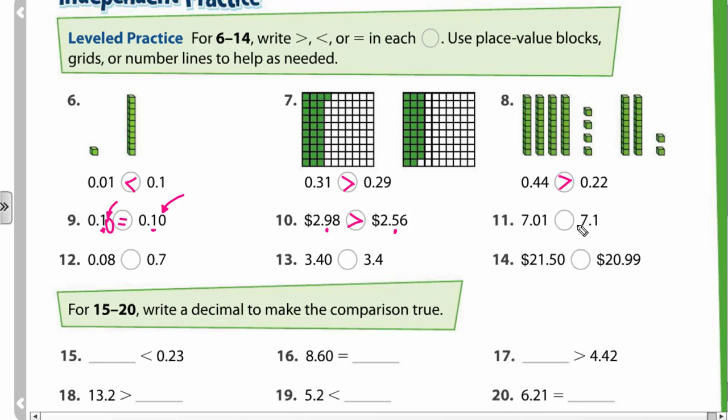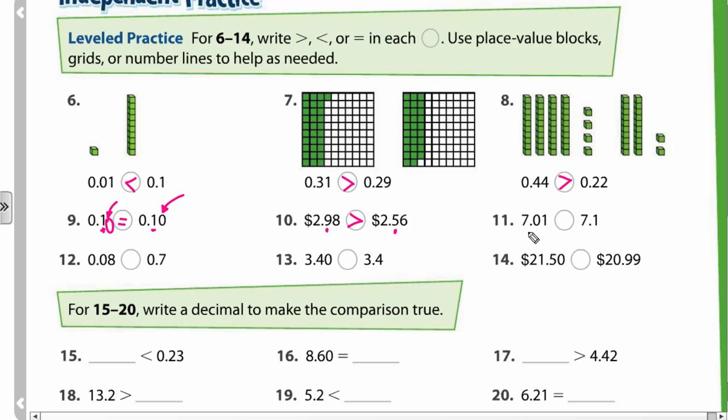I think 7.01 is greater than. Okay, I want to ask a question here. Are these the steps that we are using? Okay, use the steps.